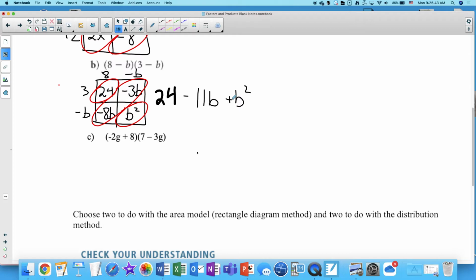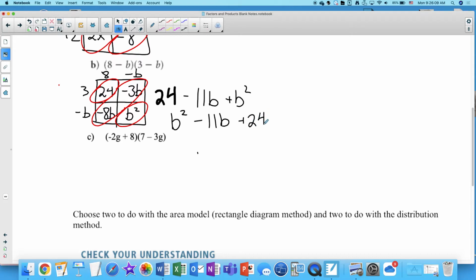Typically, though, when you're working with polynomials, we tend to arrange the terms in descending powers, right? So this is the squared term. This is the b term. And then this is the constant. Okay, those are the same thing because the sign in front of each piece is the same.